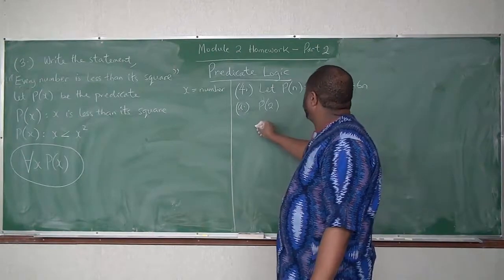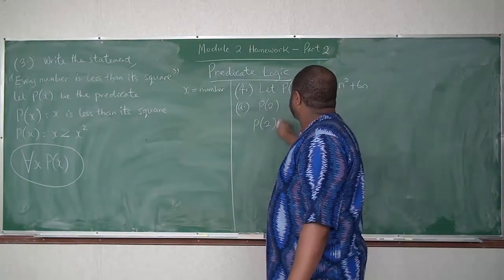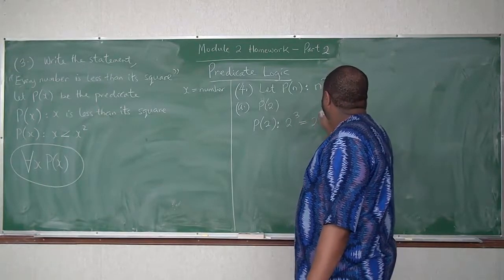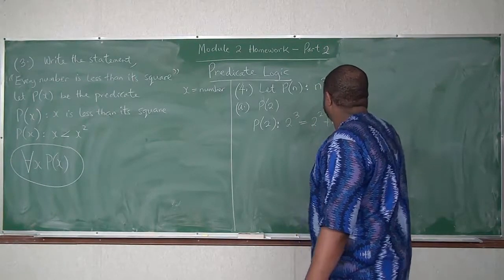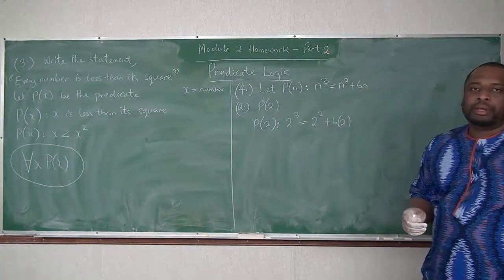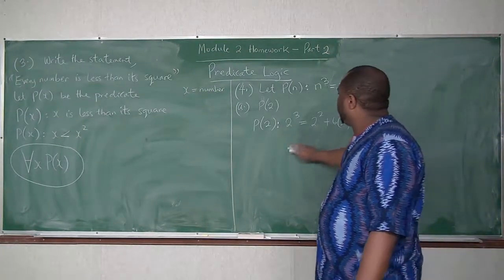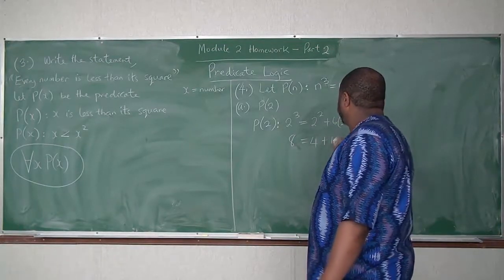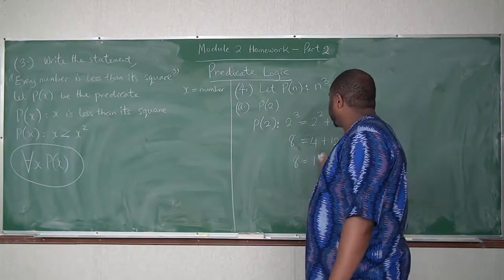So P of 2 is such that 2 cubed is equal to 2 squared plus 6 times 2. So 2 cubed is 8, equal to 2 squared is 4 plus 12. So 8 is equal to 16.